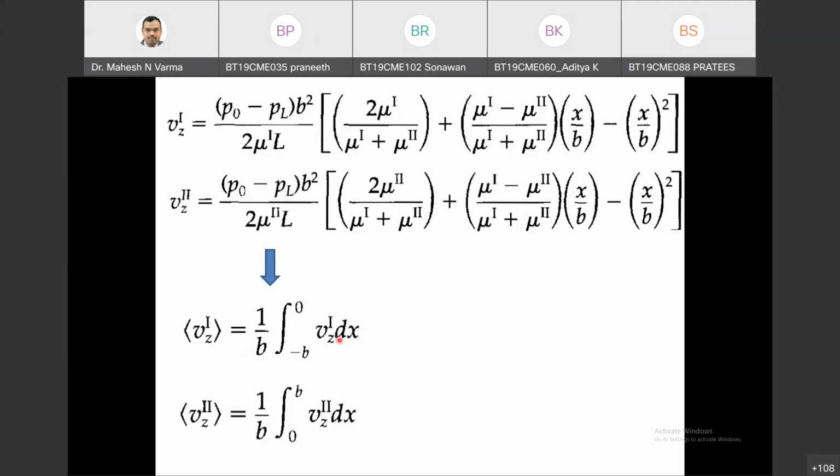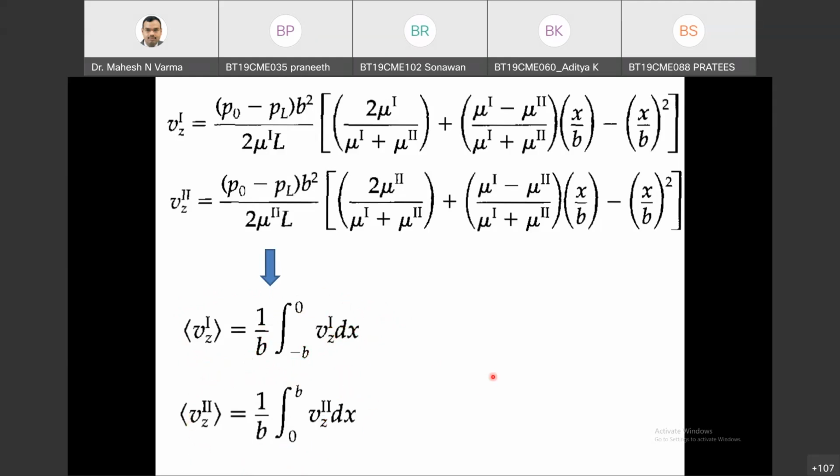So here also the width will come, and the width gets cancelled. So it is 1 upon b, integral from minus b to 0 of vz dx. This will give you the average velocity of phase 1, and this will give you the average velocity of phase 2.